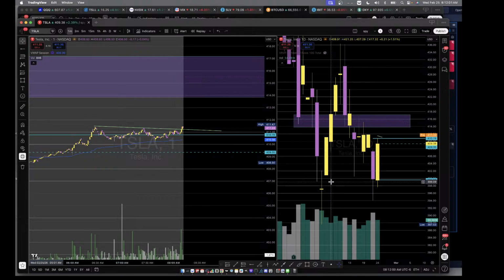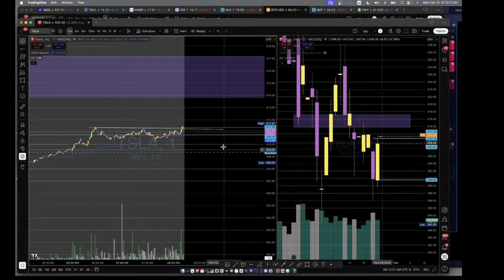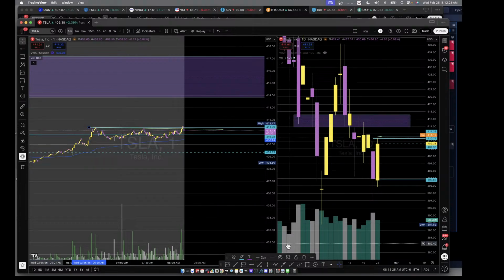Confluence wise, let's break out of the high of the pre-market. Another confluence is let's break out of this little tiny trend.